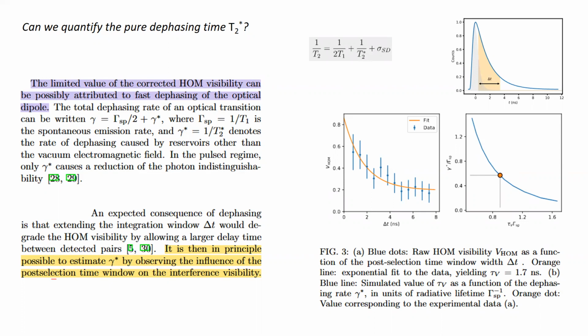So I guess the way you can imagine this is that you do this HOM experiment, and you have a filter, because if you take the Fourier transform, it's going to be your spectrum range. If you have a filter that you can start narrowing down, you're looking at the effect of that on your visibility. When you get it narrower and narrower, you filter out the dephasing more and more, you have more coherent photons, and as a result your HOM dip increases.